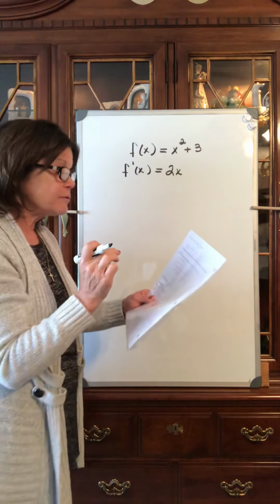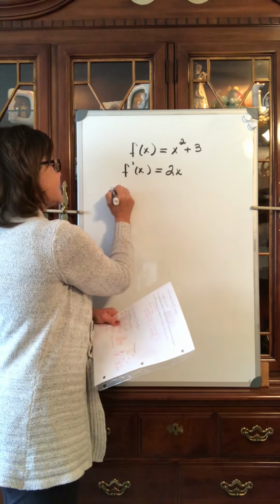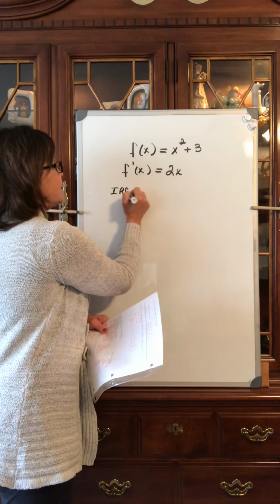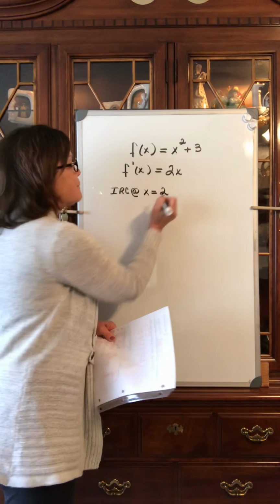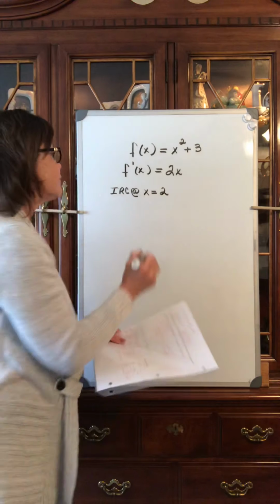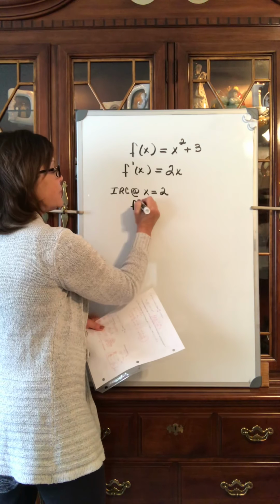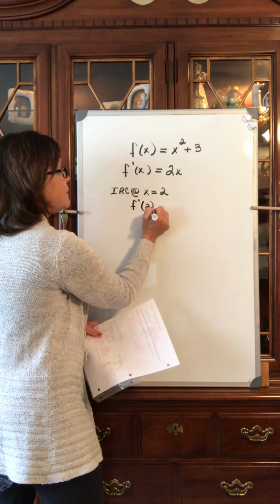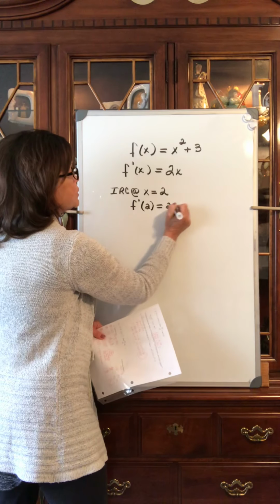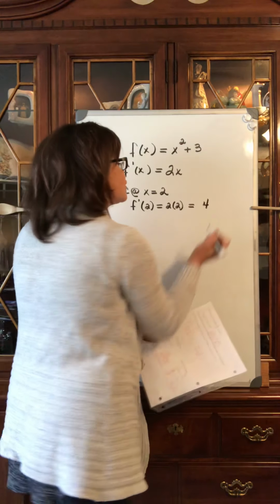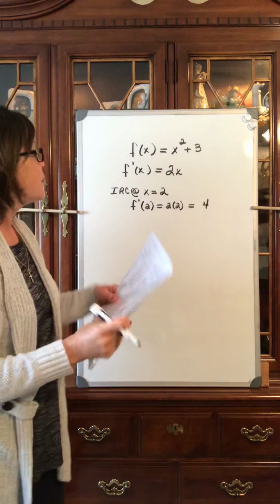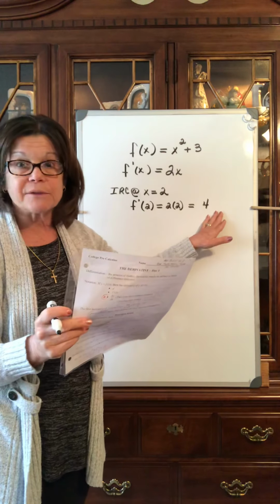To find the instantaneous rate of change at an x value of 2, I'm going to plug 2 into my first derivative. So again, I'm using my first derivative, f prime of 2 will be equal to 2 times 2. So the instantaneous rate of change of this function when x is equal to 2 would be a positive 4.